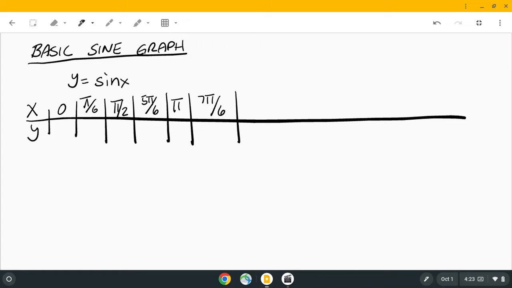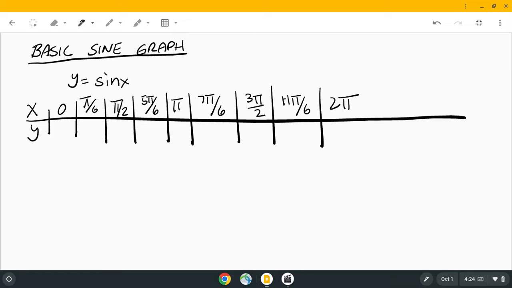Okay. And then 3 pi over 2, and then 2 pi. Well, actually, 11 pi over 6, and then 2 pi.